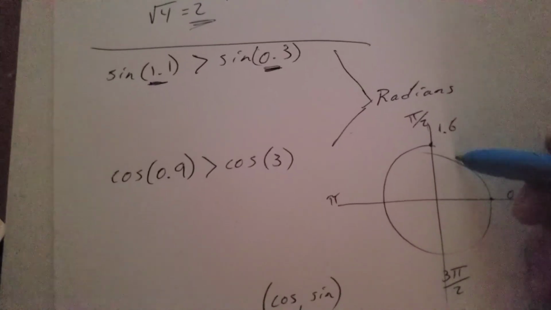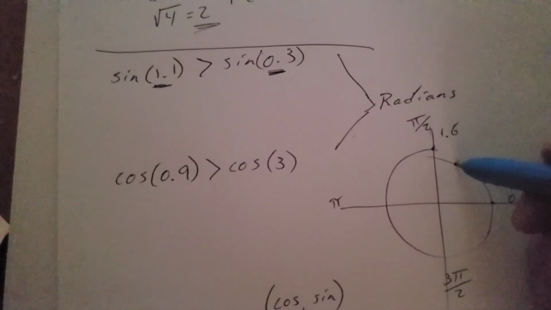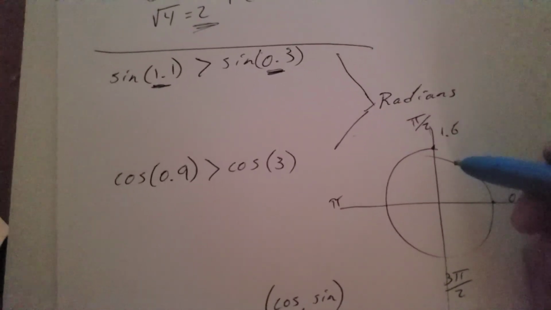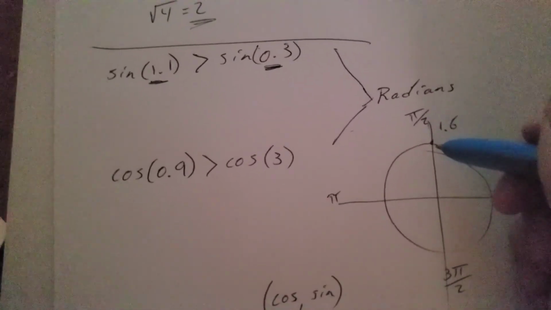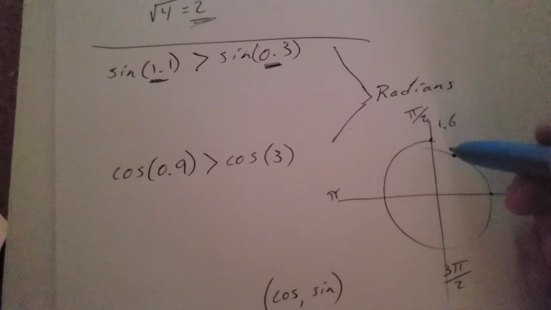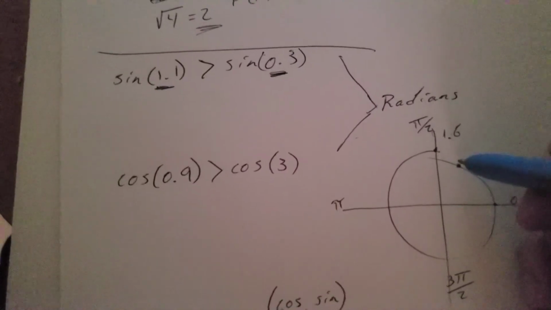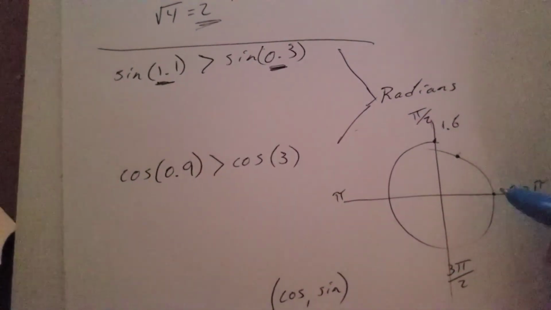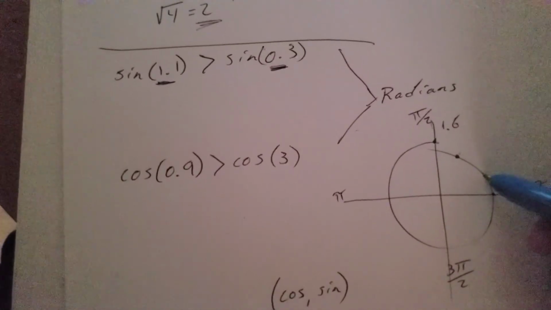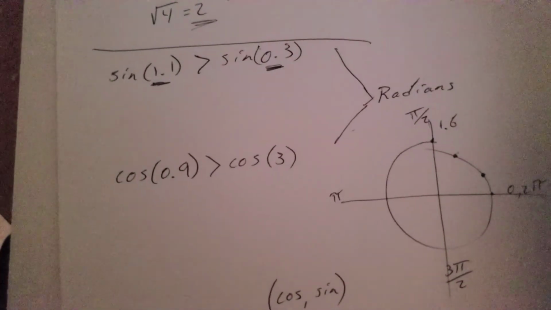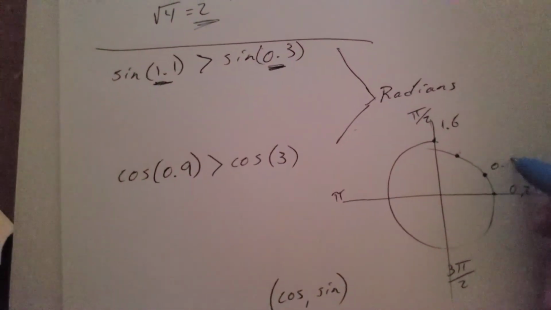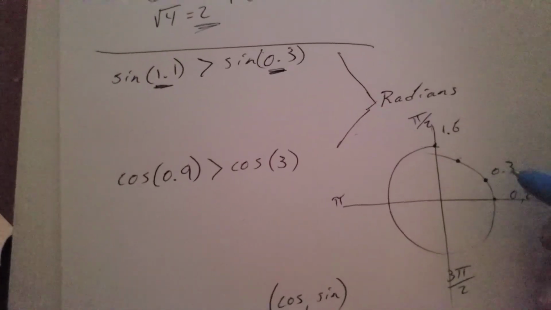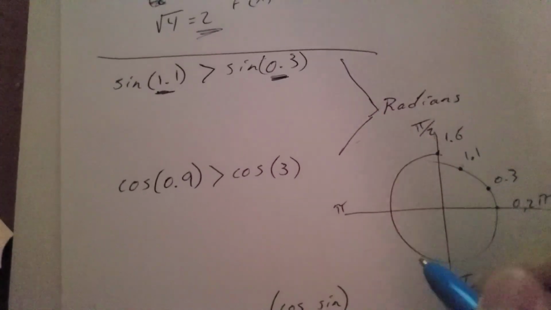It's maybe somewhere here. If it was 1.5, it would be closer. If it was 1.6, it would be up here. So this is about 1.1. 0.3 is going to be a little closer. There you go. So this is 0.3 radian, and this is like 1.1 radian.